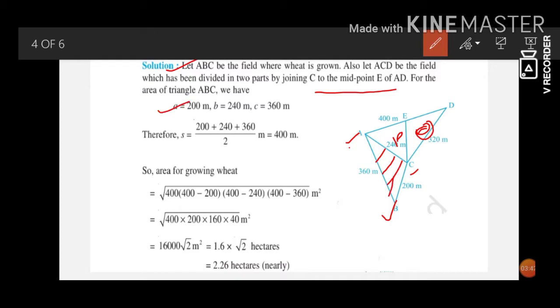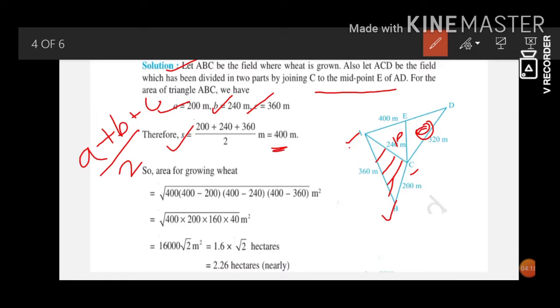Here the sides are: let us take a as 200 meter, b as 240 meter and c as 360 meter. Here we are going to use Heron's formula, and for it we need to find s, the semiperimeter. The semiperimeter is (a plus b plus c) by 2. So s is 200 plus 240 plus 360 by 2, which is 800 by 2, that is 400 meter.